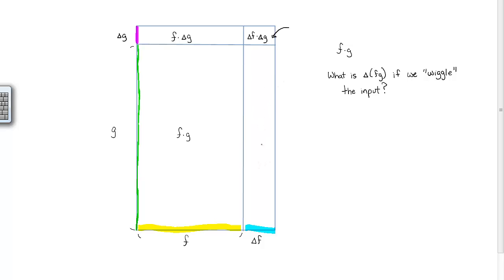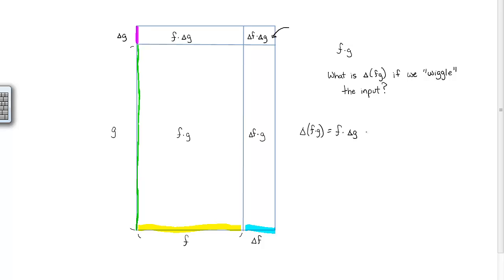And then finally, the bottom right-hand rectangle here is going to be of width delta f and height g. So we see that when we wiggle the inputs, the wiggle in the output is going to be these extra rectangles that we've kind of glued onto this.